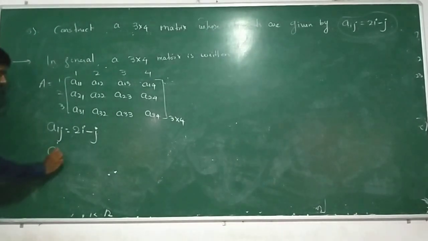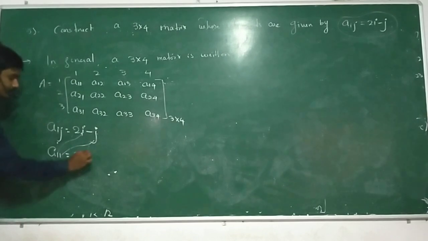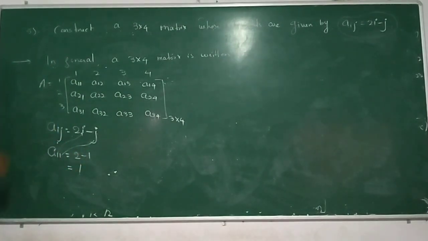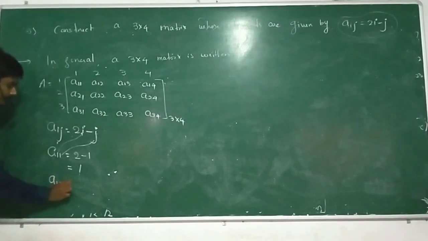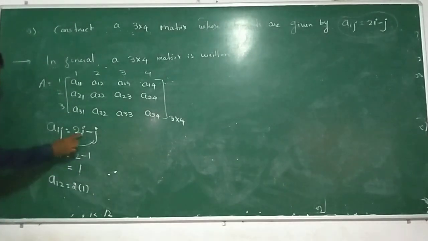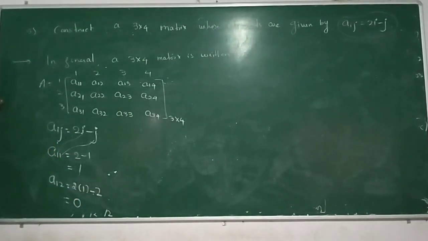So first A11. How do you find out A11? In the place of i put 1, and in the place of j put 1. So 2 into 1, 2 minus 1. So A11 is equal to 1. A12: i value is 1, j value is 2. Use the general element definition. 2 into 1 minus 2, so 2 minus 2 is 0.